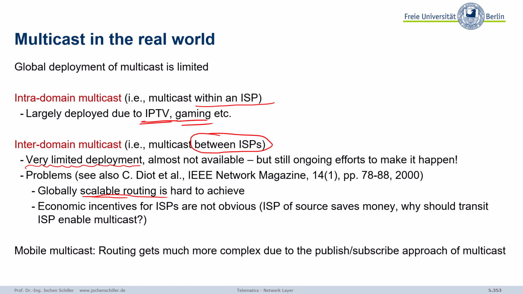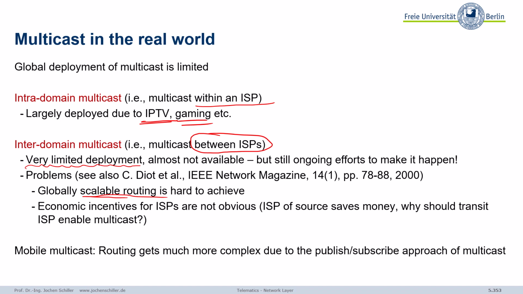Because then you will only get money once for the bytes and then they're replicated somewhere. But if you have 1,000 receivers with 1,000 unicast streams, you get more money. So economic incentives, difficult. And mobile multicast especially, that's really a bit more complex. So inter-domain multicast, very limited deployment. But inside the domain, yes, this can be used.